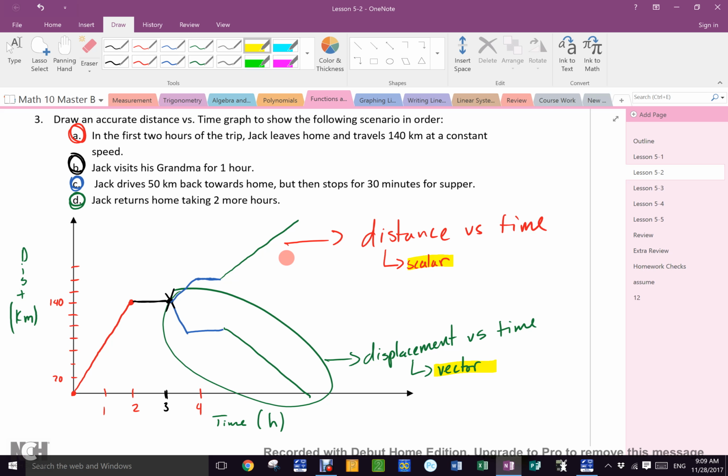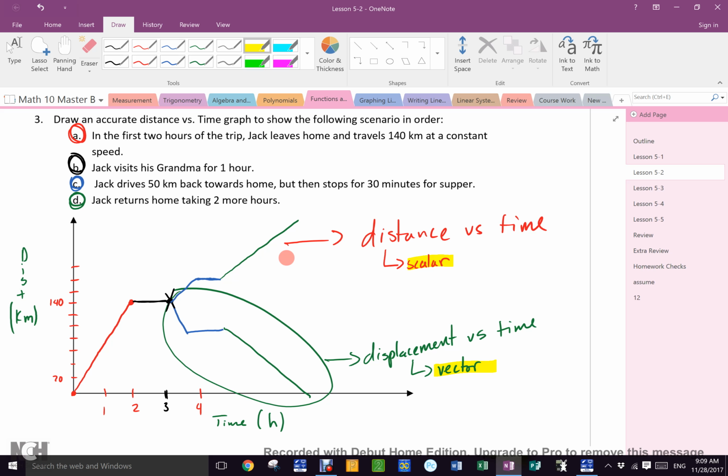I'm short. My height, is that a scalar or a vector, do you think? It is a scalar because my height is just this distance, yes? If I lie on my side, it's the same thing, yeah? If I were underwater or upside down, I would still have the same height, yeah? Everybody cool?